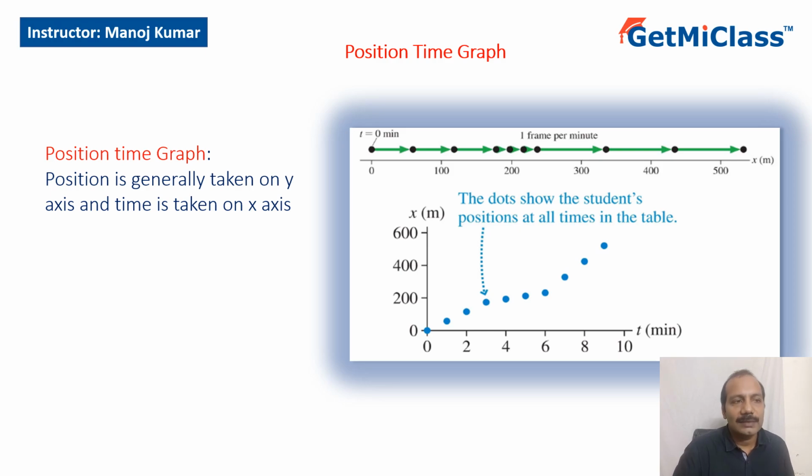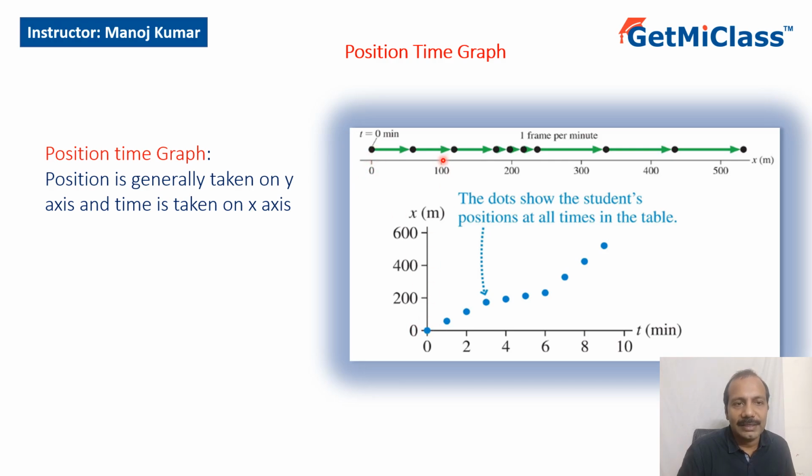In a position time graph, along the vertical axis we take position. So we consider this to be the y-axis, and on the horizontal axis, the independent axis, we have time. Now we have tried to represent the positions given in this motion diagram. You can see that at t equal to 0, the object is at position 0.